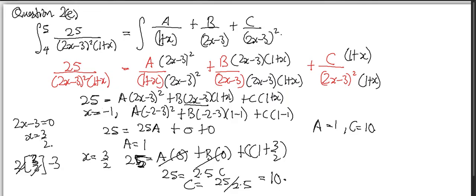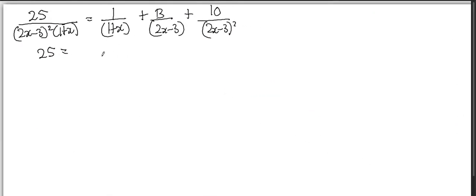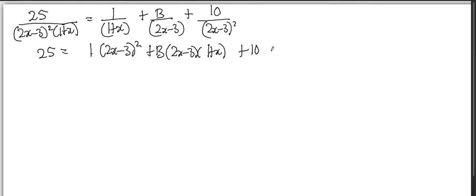So I'm going to expand that. What I'm going to get is 25 equals 1 times (2x minus 3) squared, and then plus B times (2x minus 3) times (1 plus x), and then plus 10, which is just 1 plus x.